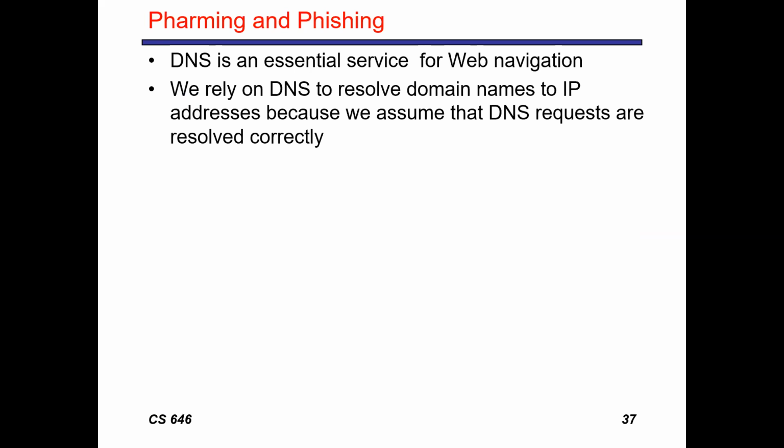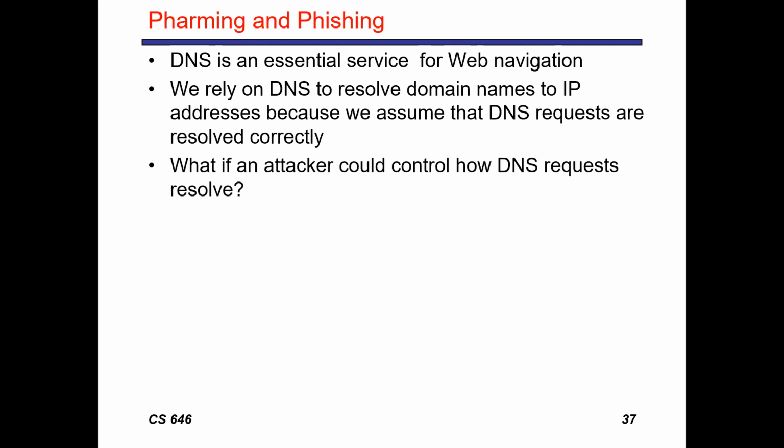Now, apart from the recon attack or the information gathering attack, DNS is also vulnerable to phishing and pharming attacks. And we know that DNS is actually used to resolve the domain name into the IP addresses.